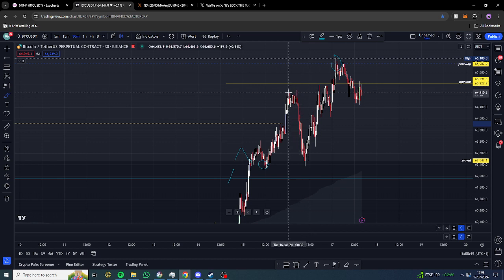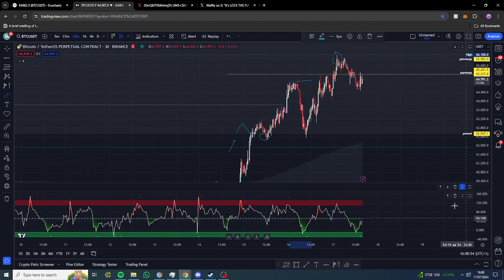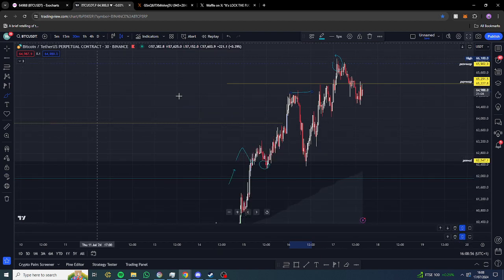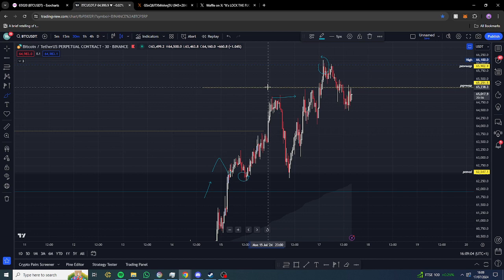But as you see here, price SFP'd, and you could look at EXO, or you could just look at CVD and see how delta wasn't following the move. So you end up front running 62.3.